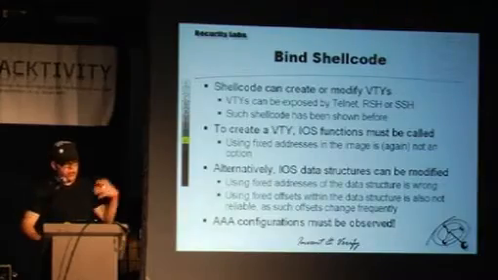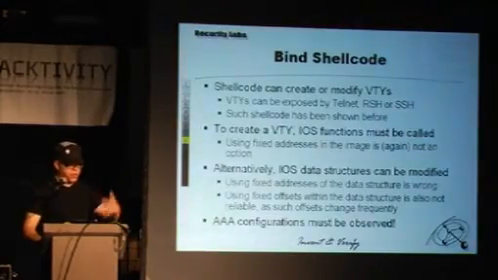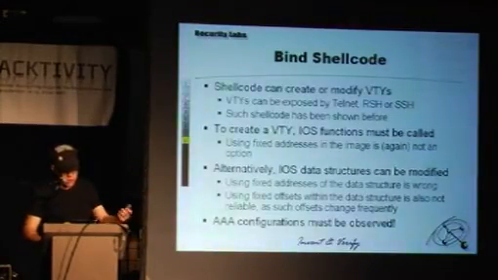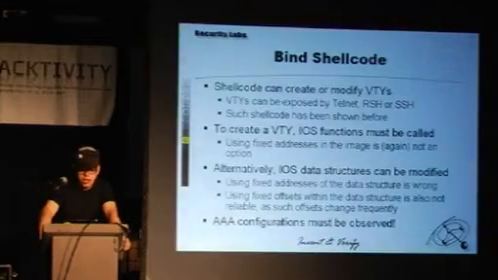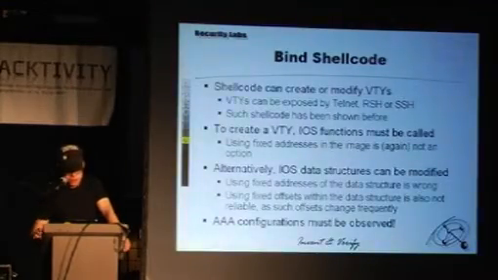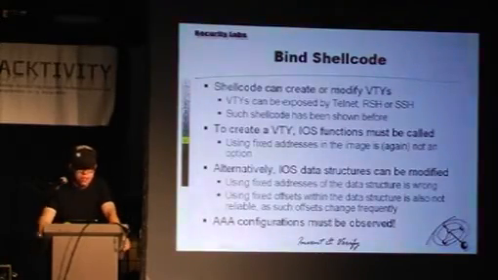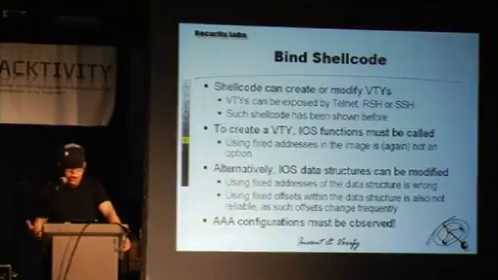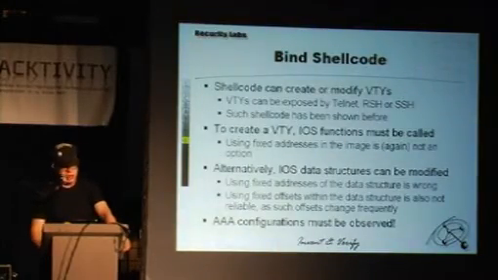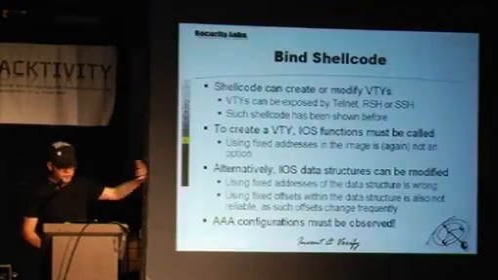Well, you can create or modify a VTY, so it gives you a shell, as the name would suggest. You can also patch iOS data structures, so you disable functionality you don't want, like verifying that the password is correct. But then again, you have to know how the device is configured because there are different ways to verify the password, like AAA configurations where it goes and asks a RADIUS server.